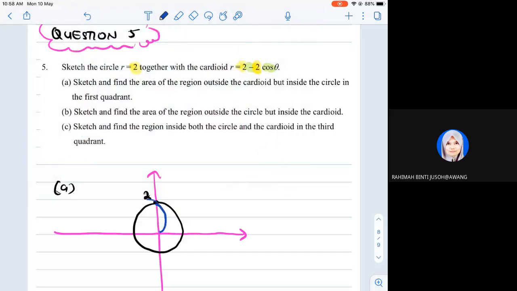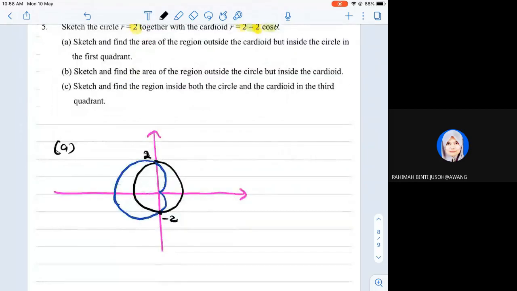Macam tu. Tak cantik pula. Macam ni. Yang ni pun sama, dia betul-betul intersect dekat paksi. Yang bawah ni negatif 2. Dia macam tu. Okay. So kat sini negatif 2. Kat sini adalah negatif 4 lah.